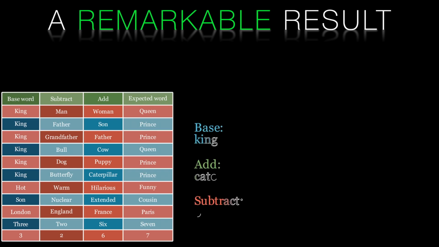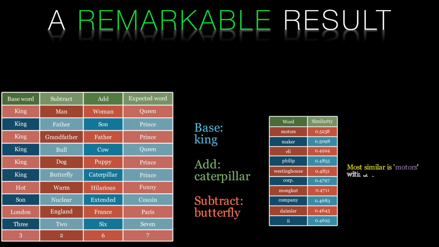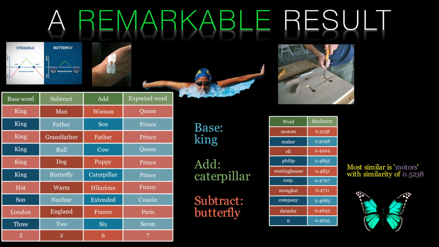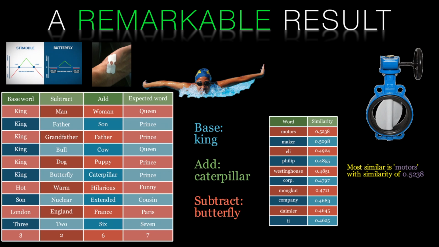We get our first failure when we subtract butterfly and add caterpillar. While these words definitely have a generational relationship to each other, they also have many other meanings. A butterfly option, a butterfly stitch, butterfly stroke. They're all valid uses of the word butterfly.